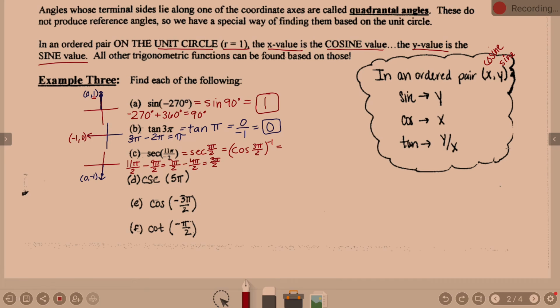The cosine of 3 pi over 2 is going to be 0. But we need the secant. We talked yesterday. What ends up being the reciprocal of 0? Undefined. Yeah. And here's the deal. When we think about 0, 0 as a fraction is 0 over 1, right? So if you need to, you could think of this as 1 over 0. And 1 over 0 is undefined. Error. That's crazy.